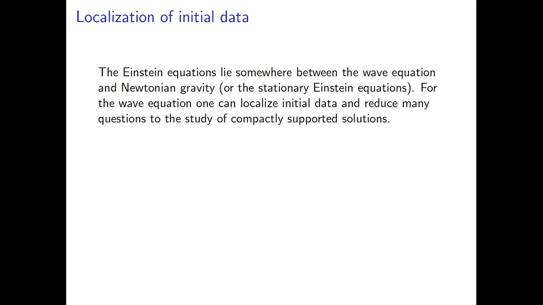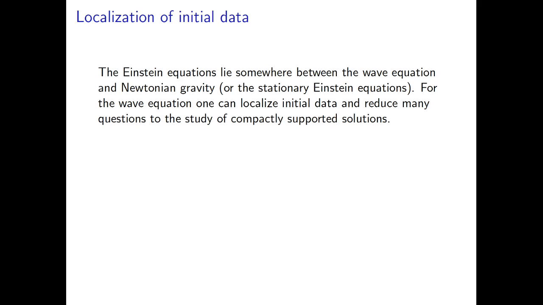Generally, the Einstein equations have this feature that the initial data is constrained, so that we have the constraints, and those, of course, impose geometric conditions on the data. We can compare it to the wave equation. If we look at the wave equation, of course, there are no constraints on the data, and we can approximate arbitrary data by compactly supported data, usually in the spaces that we work in.